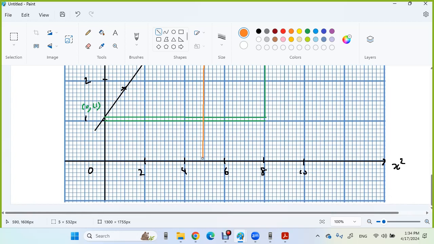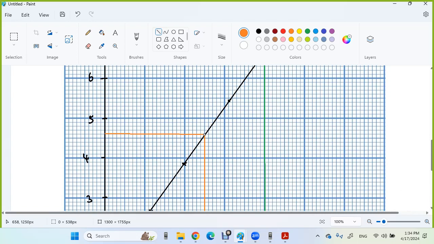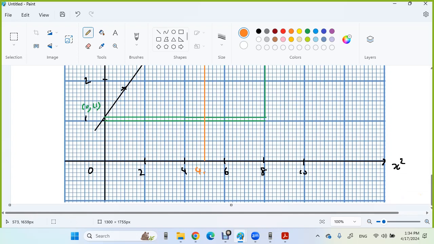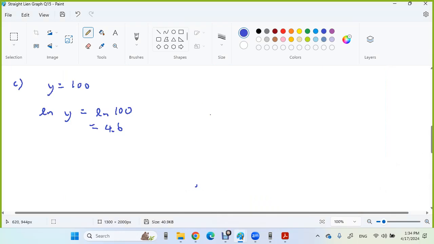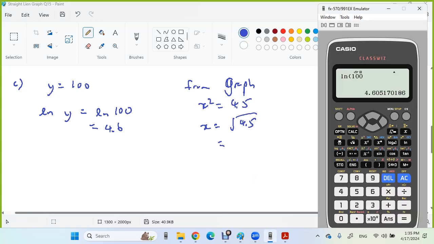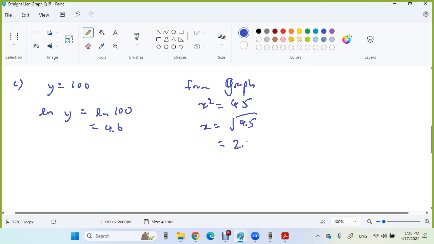x squared is 4.5 from the graph. So we have x squared equal to 4.5, then x will be the square root of 4.5, which is 2.12.